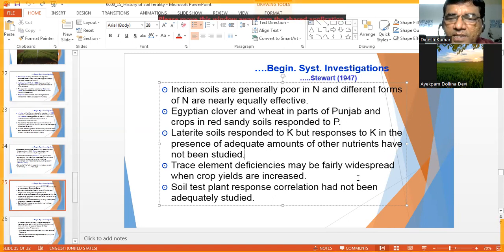Trace element deficiencies may be fairly widespread. At that time he called micronutrients trace elements. If you increase the crop yield, micronutrient deficiencies will come up. Soil test plant response correlation had not been adequately studied.